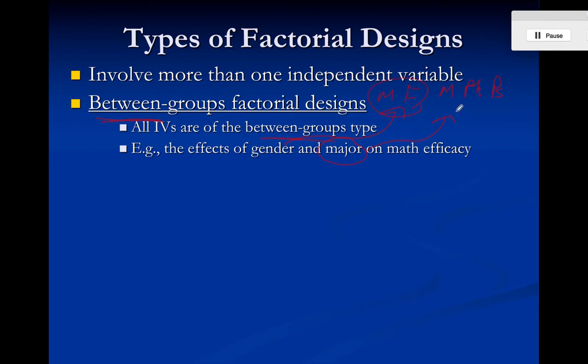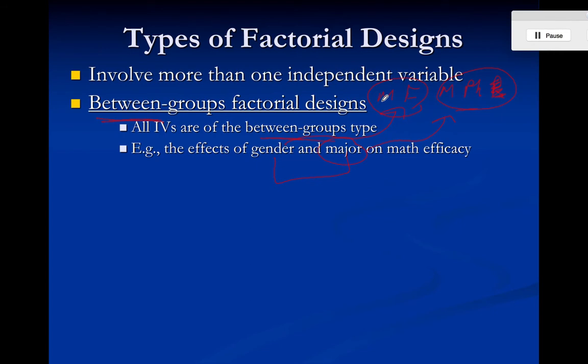My major variable, I selected three groups. If I only wanted to have two groups, I can have two groups. It doesn't really matter for me. But here, I can have two groups, three groups, four groups, five groups. It doesn't really matter because all I really care about is the number of IVs that I'm working with. And here, I'm dealing with two independent variables. Okay, so that's our first type of factorial design.